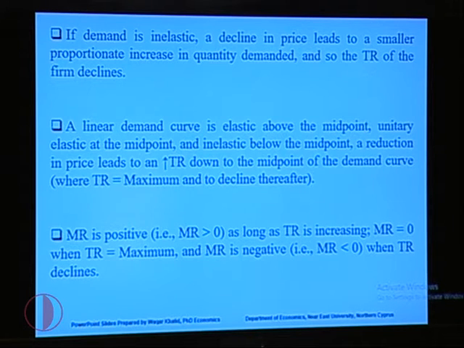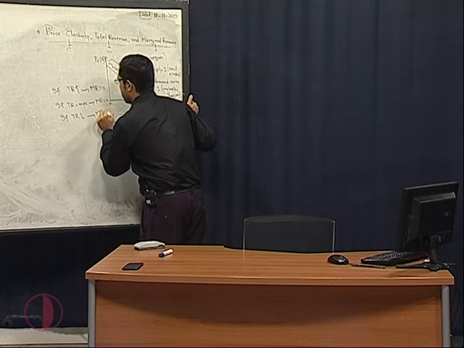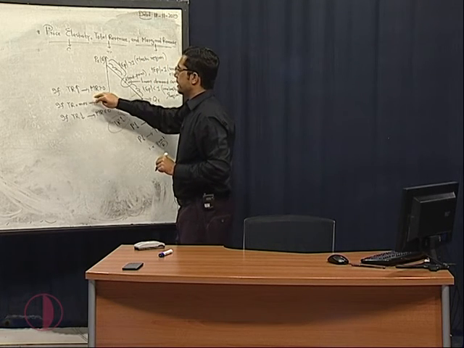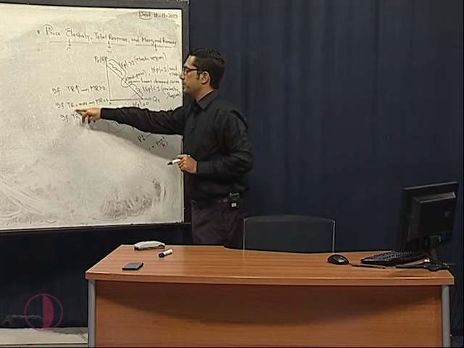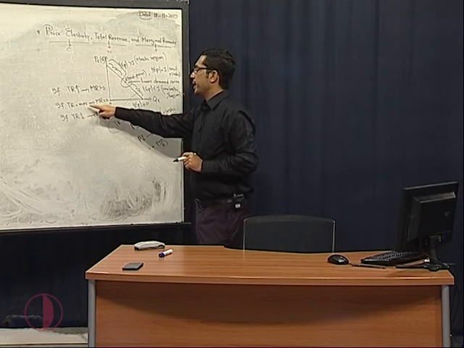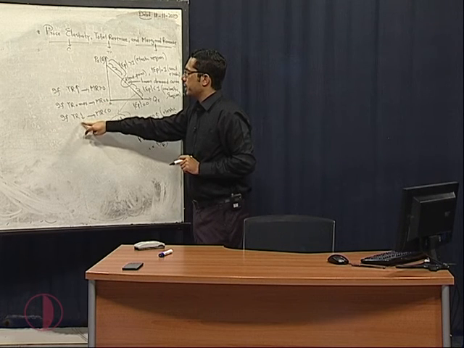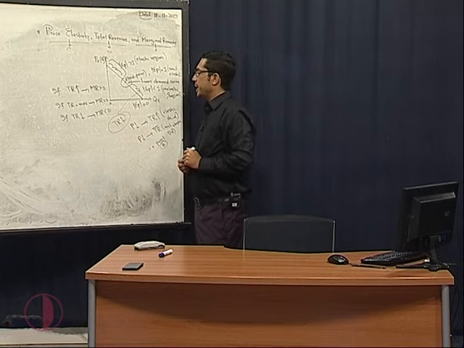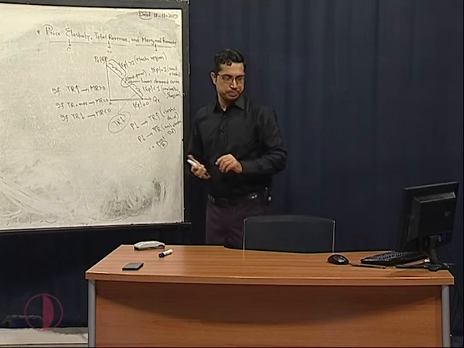However, if total revenue decreases, it means that marginal revenue will be negative. So, if total revenue increases, marginal revenue of the firm will be positive. If total revenue is maximum, at that level marginal revenue of the firm will be 0. However, if total revenue decreases, marginal revenue is negative. So, this is the relationship of the total revenue.